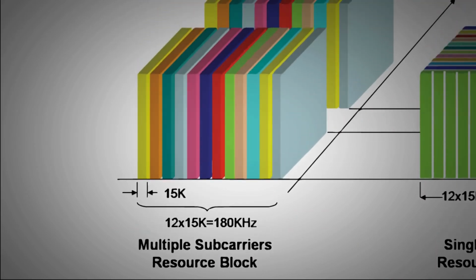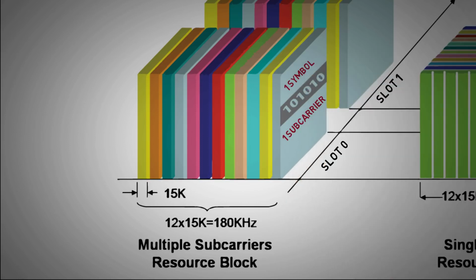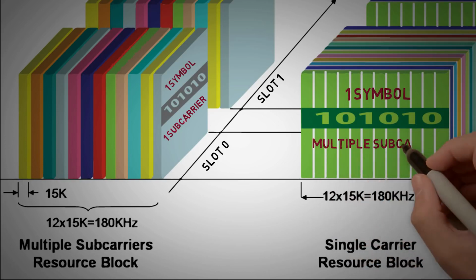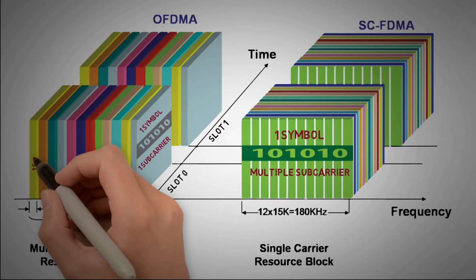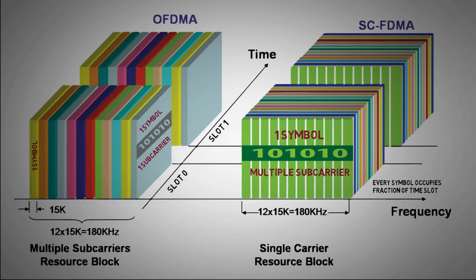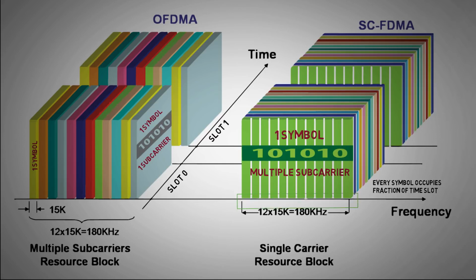In OFDMA, we have one-to-one mapping between symbol and subcarrier, but SC-FDMA allows a symbol to be transmitted in parts over multiple subcarriers. For example, in OFDMA, one symbol occupies one subcarrier of 15 kHz, but in SC-FDMA, the same symbol is distributed among multiple subcarriers of 15 kHz.